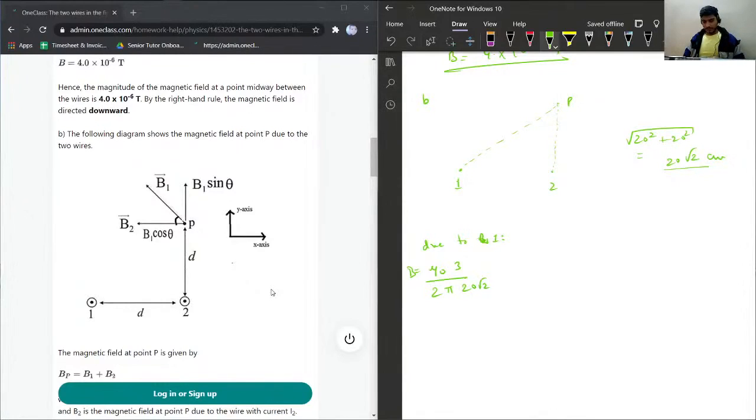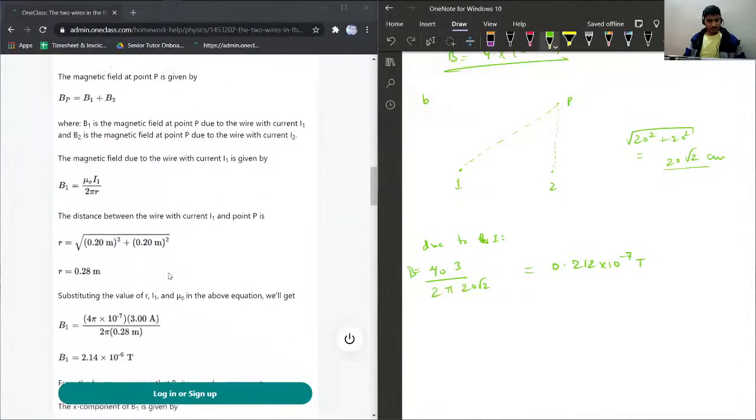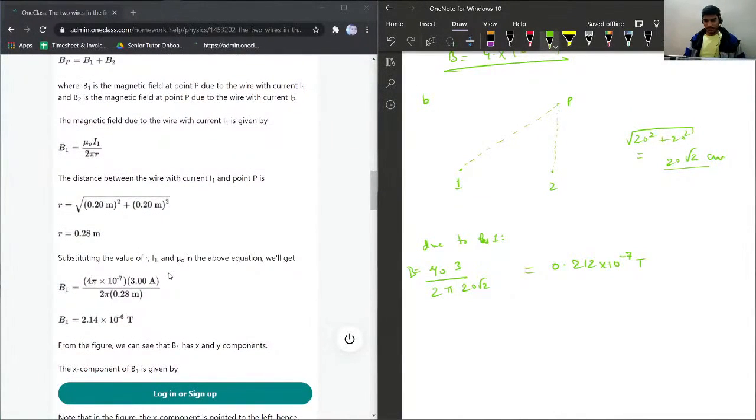So this will be 3 into 4 into pi, pi cancels, 4 cancels with 2, so this will be 6 over 20 root 2, which is 0.212 into 10 power minus 7 Tesla. I'll just cross check this.